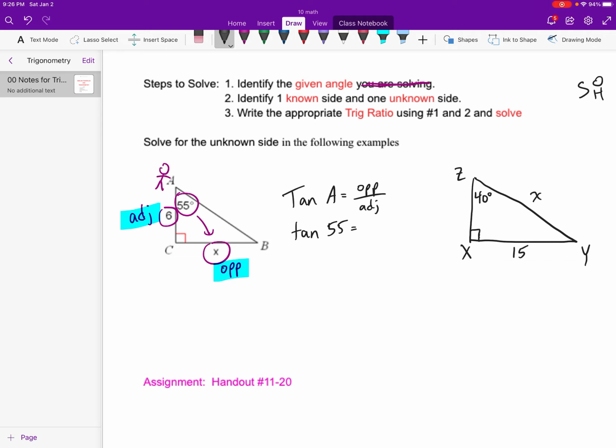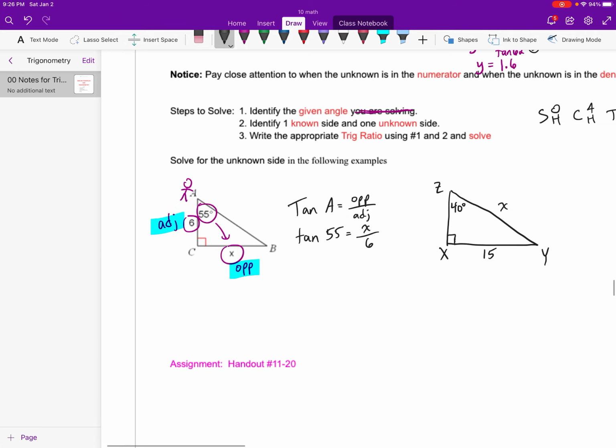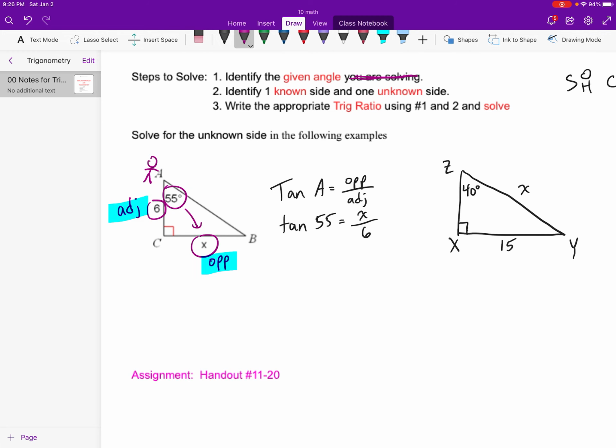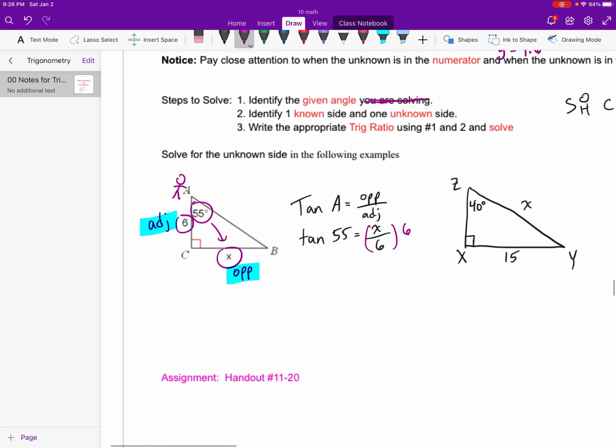The opposite side is x, and the adjacent side is 6. To solve for x, we're going to do what we did up here: multiply by the denominator. So we multiply both sides by 6. These 6s cross out, and now we have 6 tan 55 equals x. We can type this into our calculator: 6 times tan 55, and we get x equals approximately 8.6.